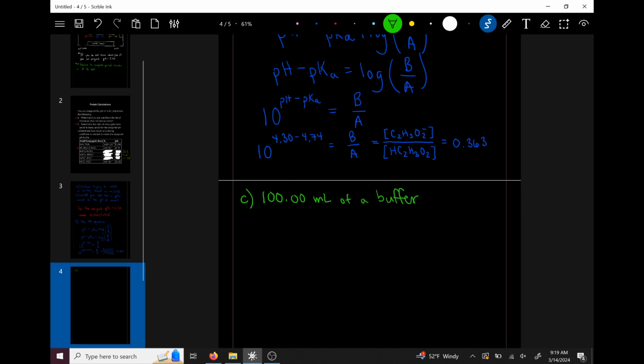So this is actually how much you're supposed to make in the laboratory. And then you're going to take certain volumes of this 100 milliliter buffer that you make, and you're going to perform experiments on it. So the assigned volume for all buffers is 100 milliliters from a stock solution.